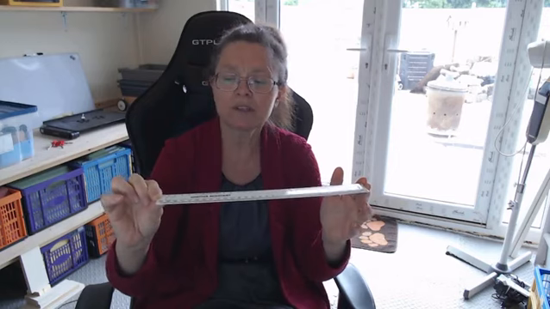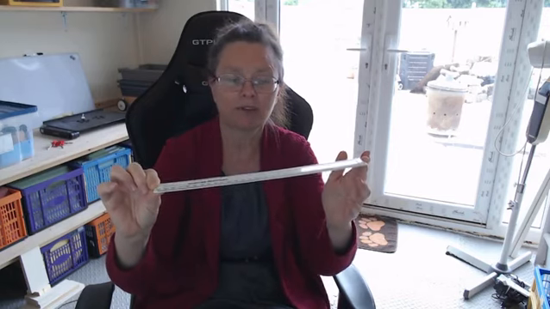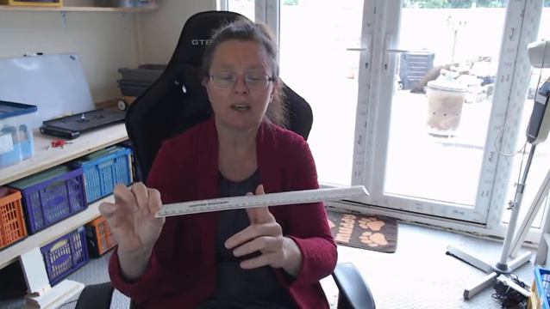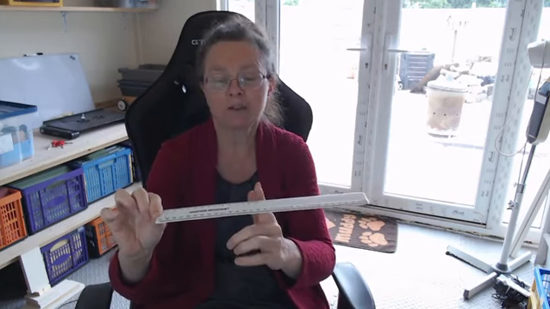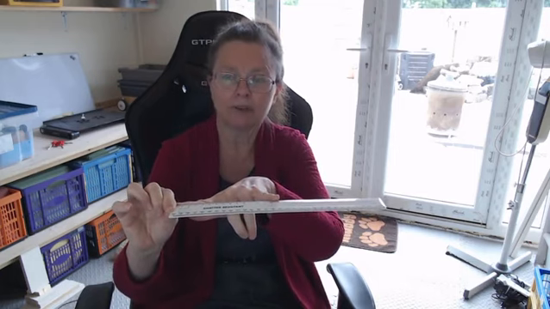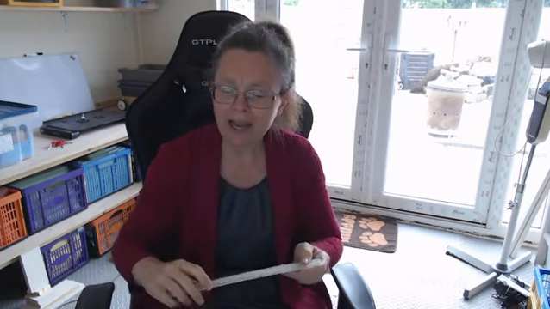So if you wanted to work out the moment of that ruler as the ruler pulls itself down, then you would measure it as the weight halfway along the ruler. So the centre of mass can be actually a very useful point of reference from where we can work out things like moments.